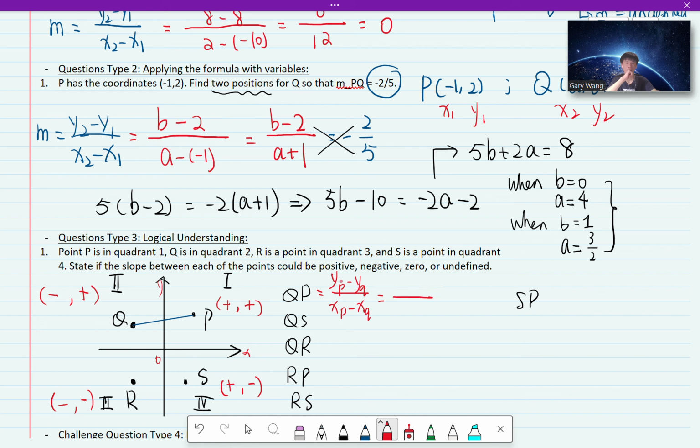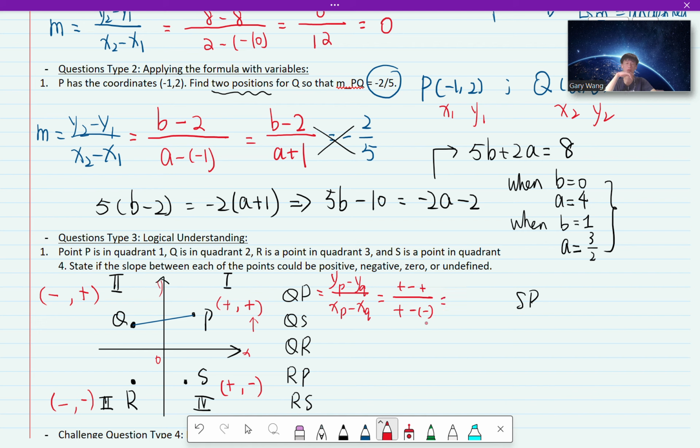So yP is a positive number minus yQ, which is also a positive number. xP is a positive number, while xQ is a negative number.